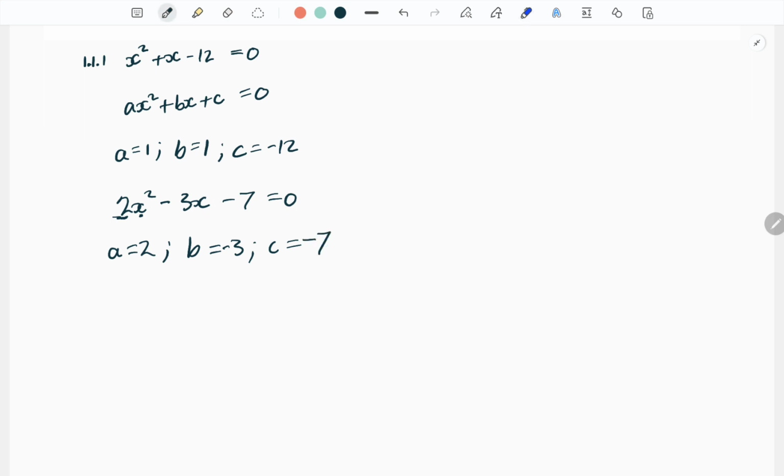All right, so you can see how to locate and identify a, b and c in the standard quadratic form. Now I want us to focus on the question.